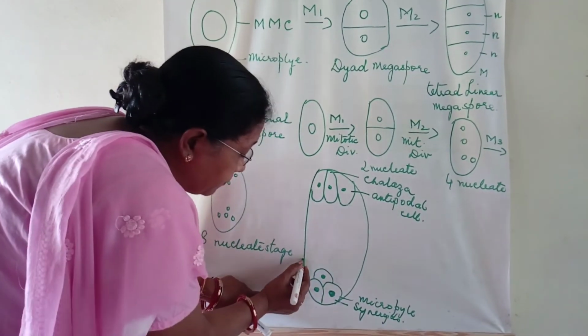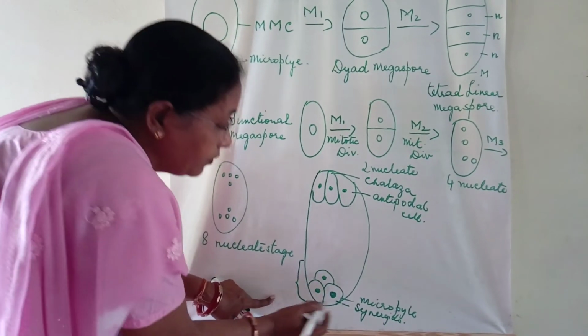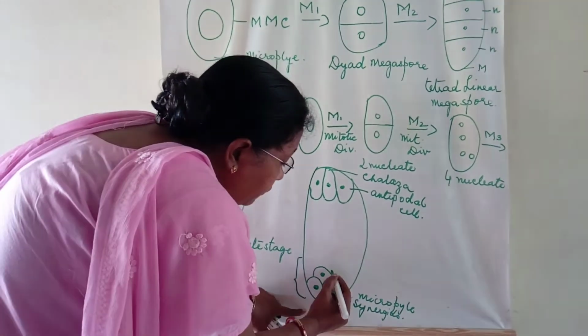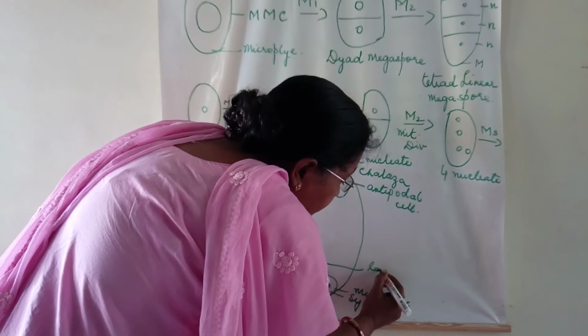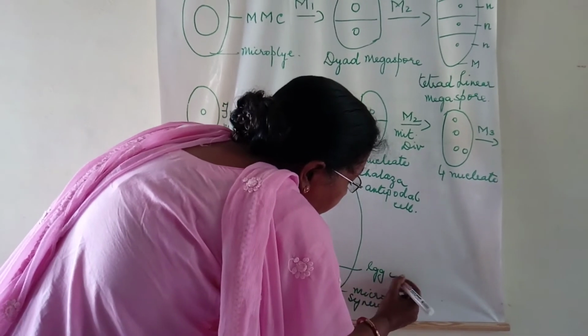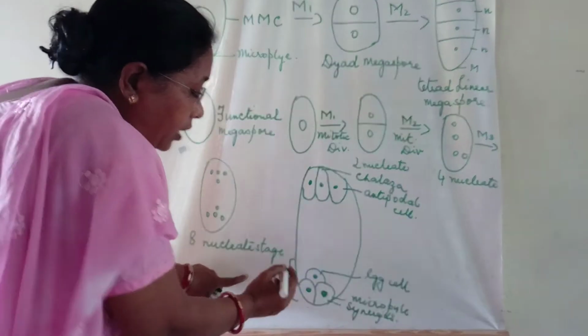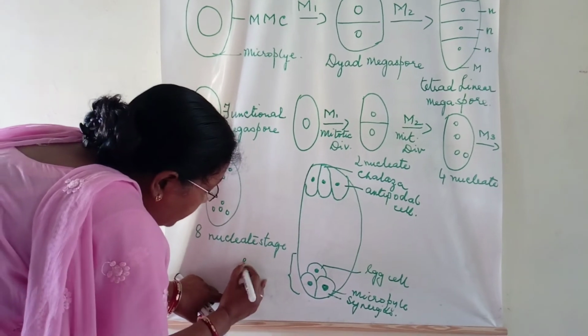This whole thing, that is the synergids and the egg cell, together form the egg apparatus.